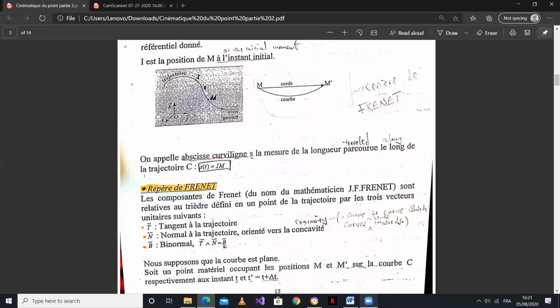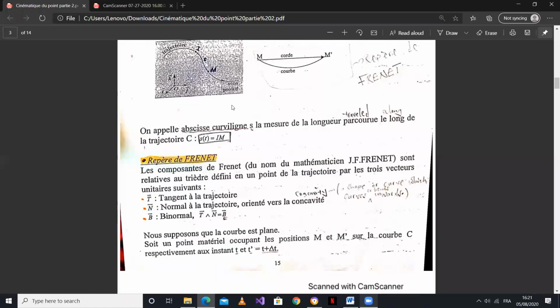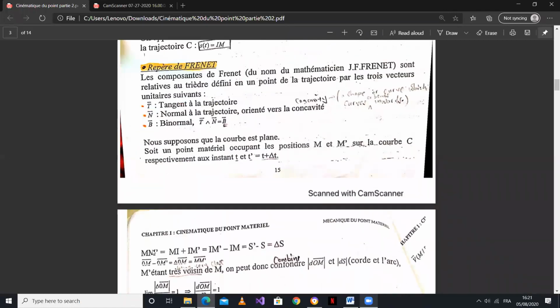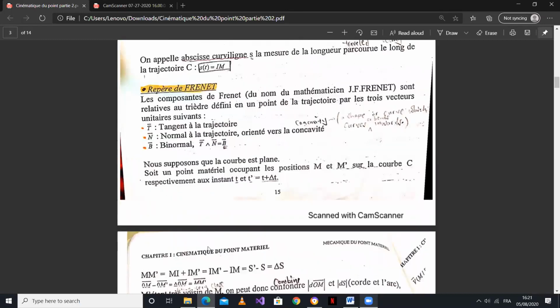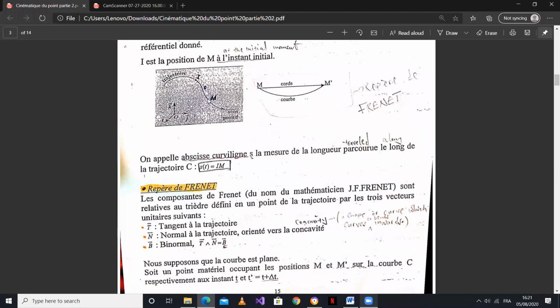So what they're telling us now is MM prime is equal to MI plus IM prime. So you move from M to I, and then from I to M prime. It gives you this distance there.